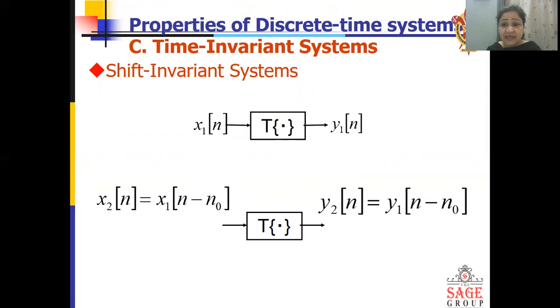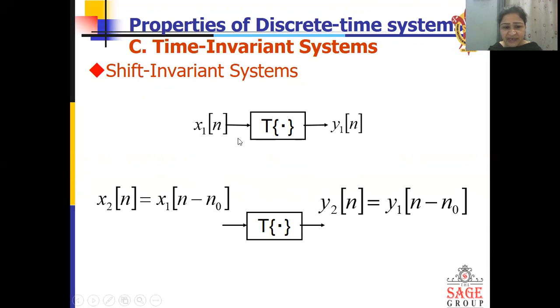Now, next classification is the time invariant system. A time invariant system is a system whose characteristics do not vary with time. That means if I have any discrete time system and I give input x1[n] and output y1[n] is generated.